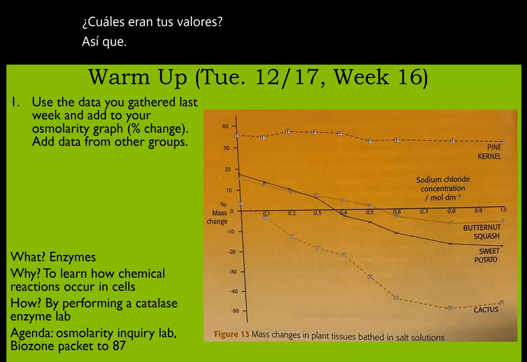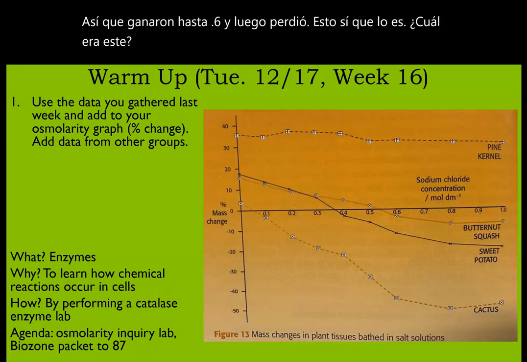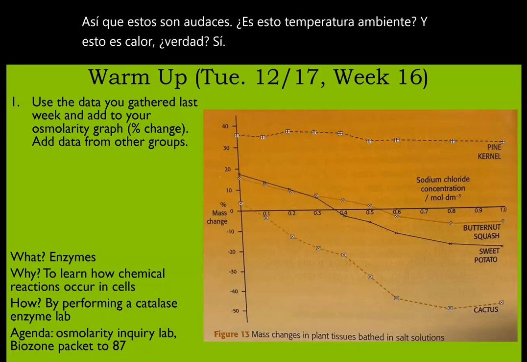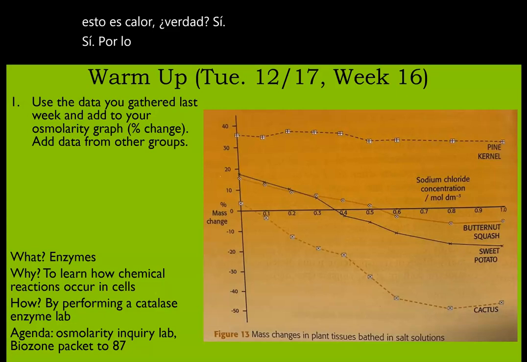So it gained up until 0.6 and then it lost. Now which one is this? So these are both, is this room temperature and this is heat? Yeah? So this room, okay, make sure you're labeled. Okay. And that's pretty similar to what we had before.